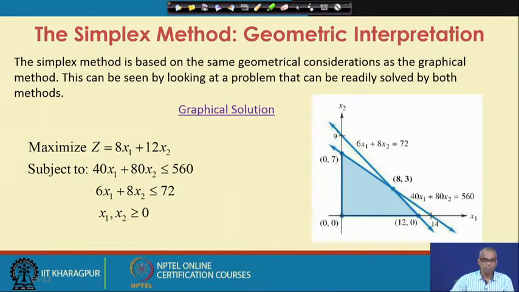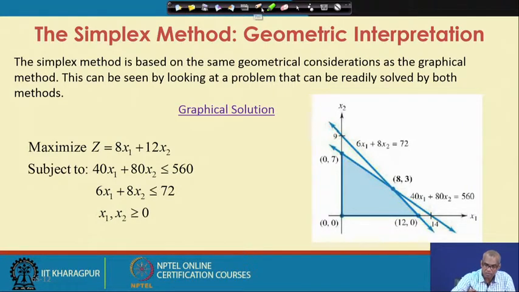So, if I take a two variable problem in two equations, this can be easily solved using the graphical solution method. We can also solve that using simplex method. Then we will be able to demonstrate that the simplex method is based on the same geometrical considerations as the graphical method.